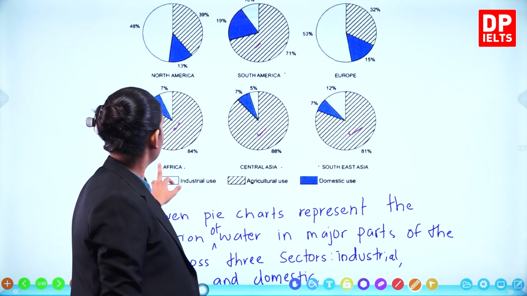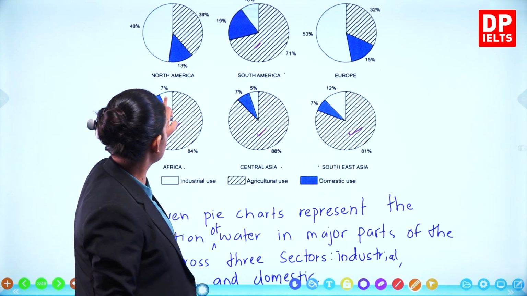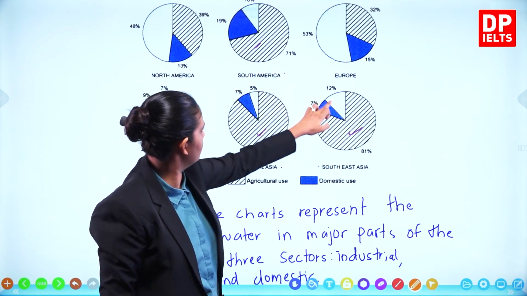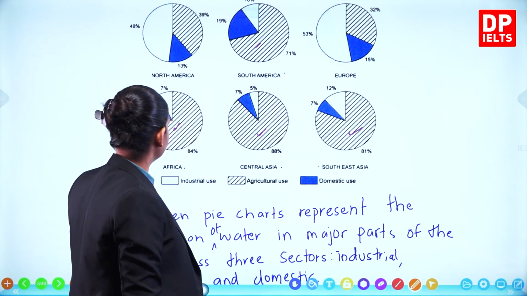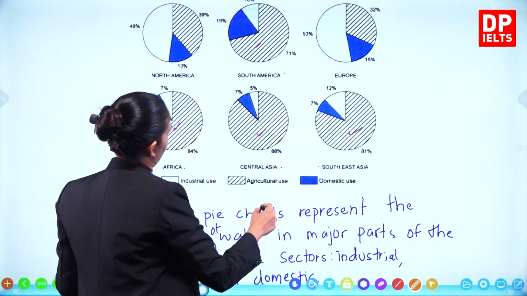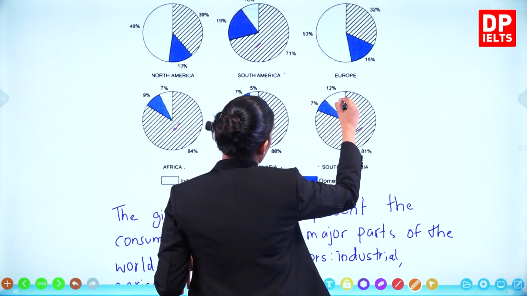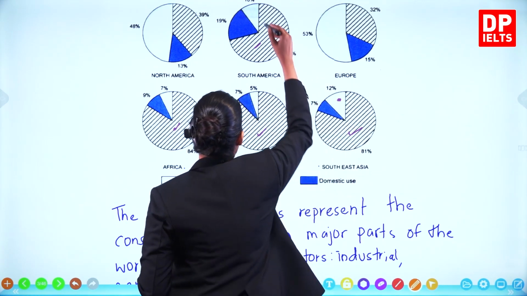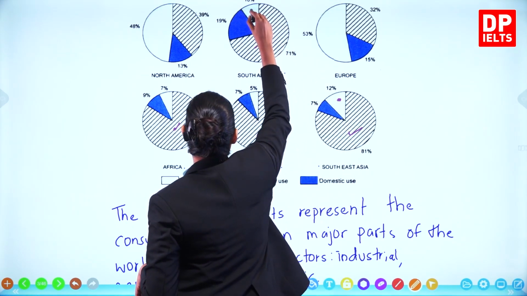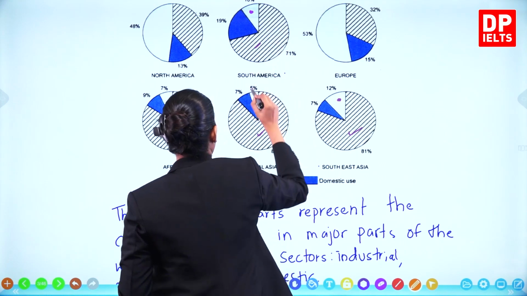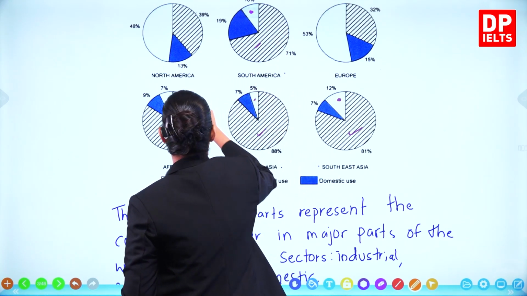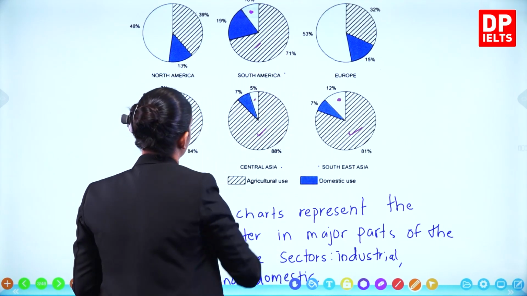And then industrial use was there for these ones. You can see that it was used 12% here for industrial use, then 10% again, and 5% again. Africa had 7%.